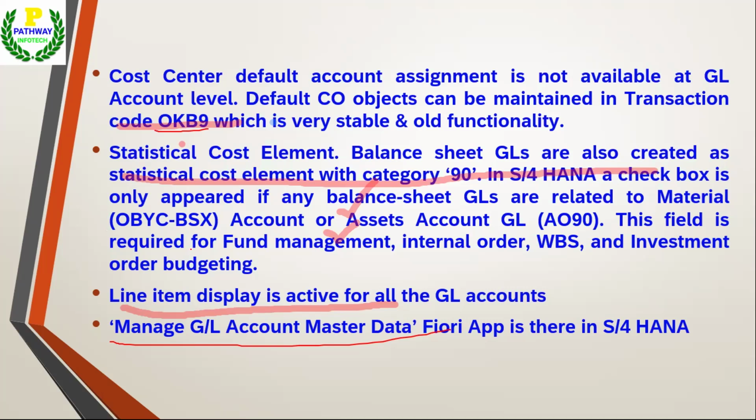This field is required for fund management, internal order, WBS, and investment order budgeting purposes. So in S4 HANA, it only appears if the balance sheet GL accounts are related to materials and others.